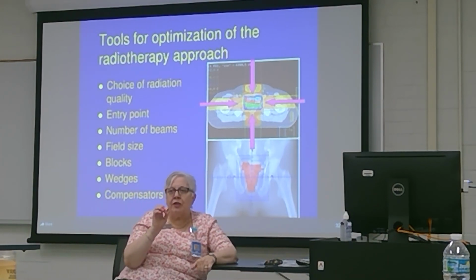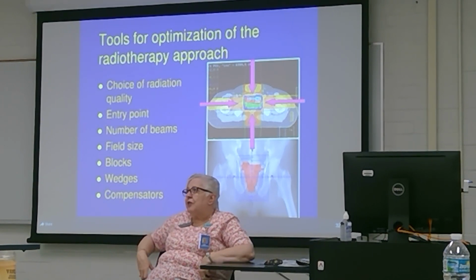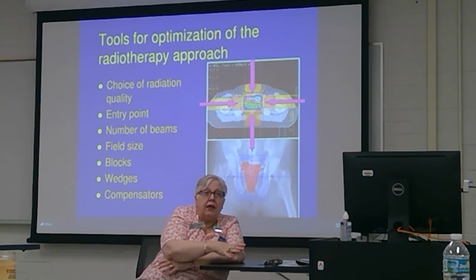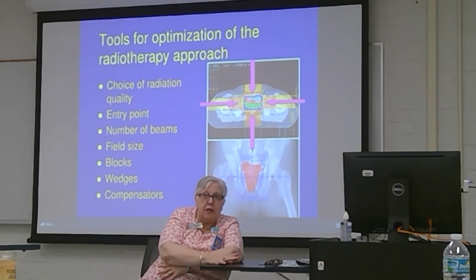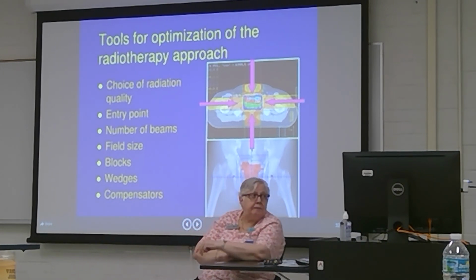You should be able to accurately position your patient with the lasers and the marks before you even think about doing a cone beam CT. Does that make sense? Okay.